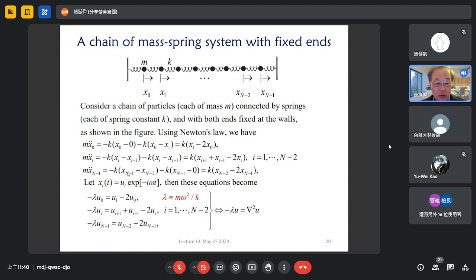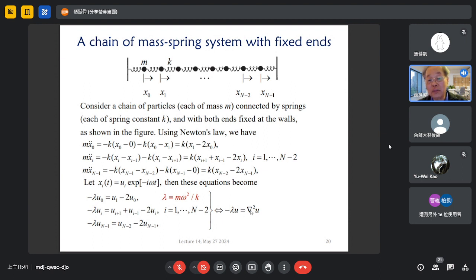So all these particles have different displacements, but with the same frequency. In that case, the system becomes this. The lambda is m omega squared over k. For this n by n matrix, you can solve the eigenproblem, solving for this lambda.